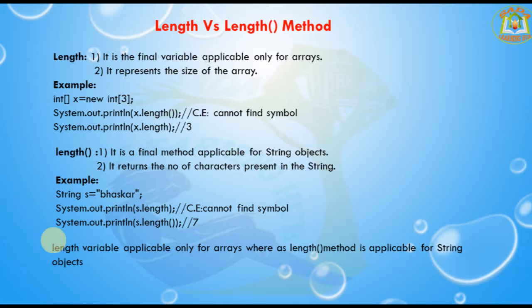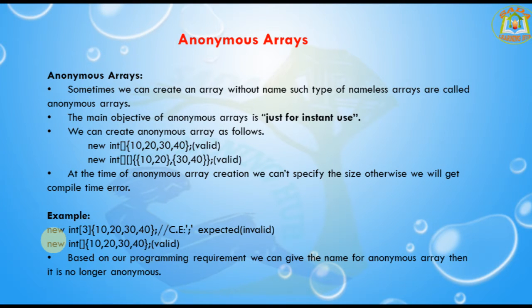Next, we are going to discuss anonymous arrays. Sometimes we can create an array without a name. Such nameless arrays are called anonymous arrays. The main objective of anonymous arrays is just for instant use. We can create anonymous arrays as follows.